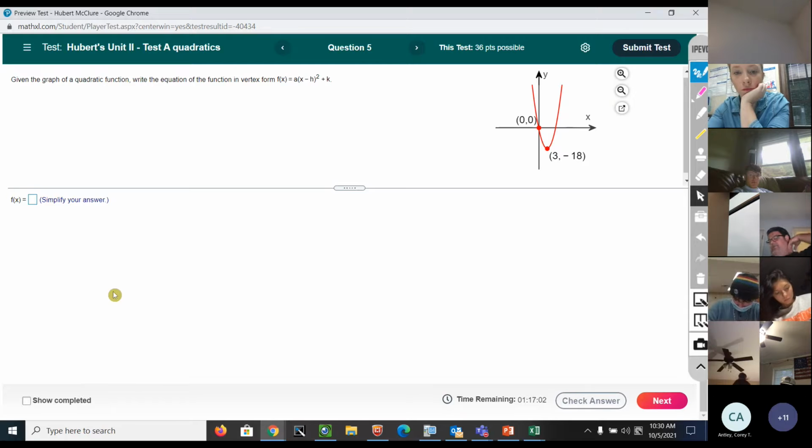But you also have y, or f of x, is equal to ax squared plus bx plus c. And you've got 2 points. You've got 0, 0, and you've got 3 and negative 18.